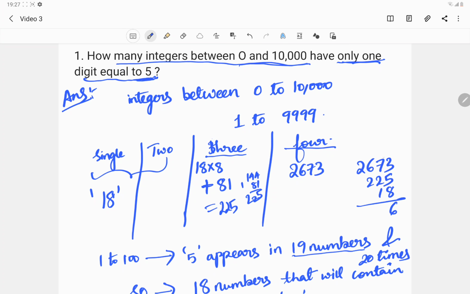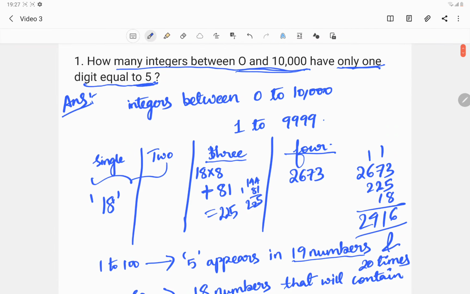So 2916 is the answer. So there are 2916 integers which contain a single 5 in them when you write the integers between 0 to 10,000.